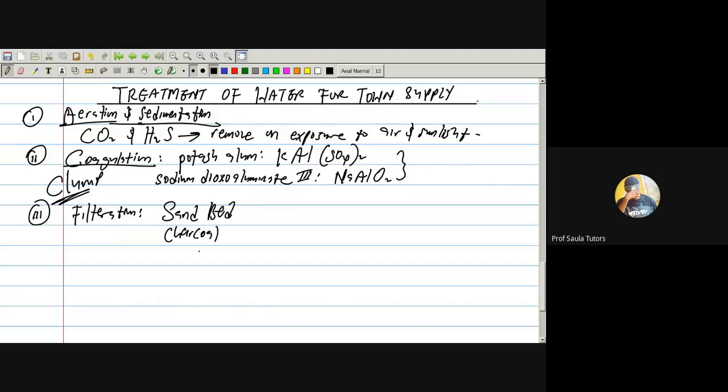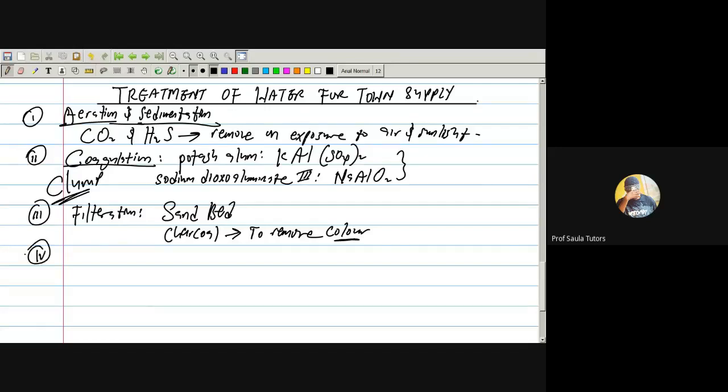Those layers of charcoal are to remove coloring matter. You remember that pure water must be colorless. So we always add charcoal so that it can remove color. Okay, good. So that's filtration.